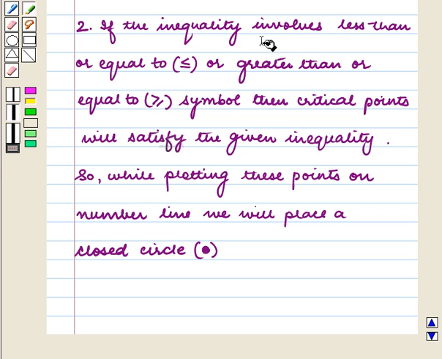Second, if the inequality involves a less than or equal to or greater than or equal to symbol, then the critical points will satisfy the given inequality. So, while plotting these points on the number line, we will place a closed circle.